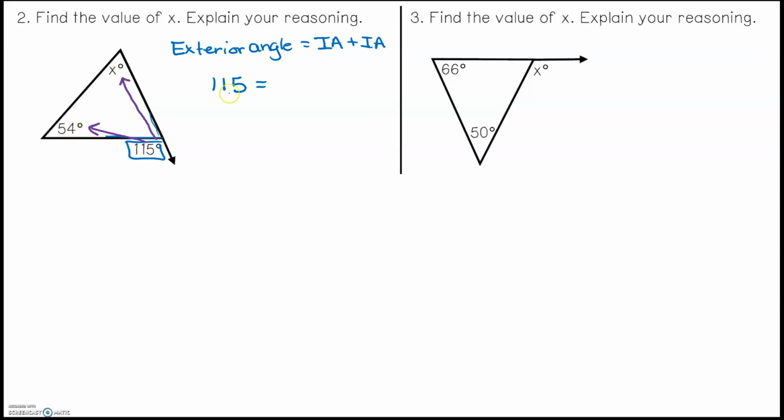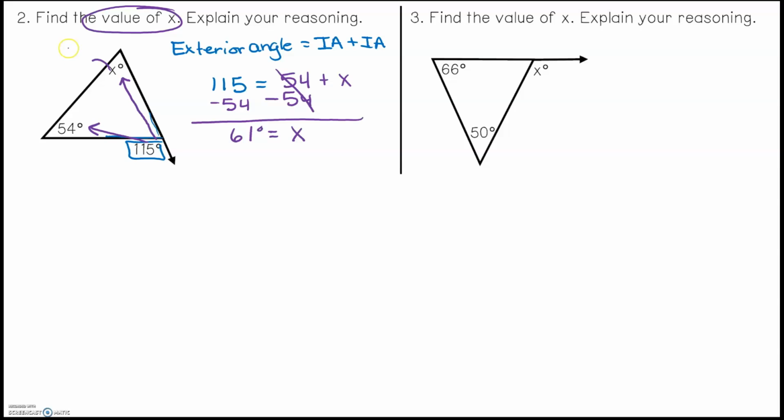So then this 115 is equal to the sum of 54 and x. We need to find the value of x according to the directions. So then we're just going to solve for x. So I'm going to subtract 54 from both sides. That makes 0, so we're left with x on the right-hand side. And then this is going to give me 61 degrees.